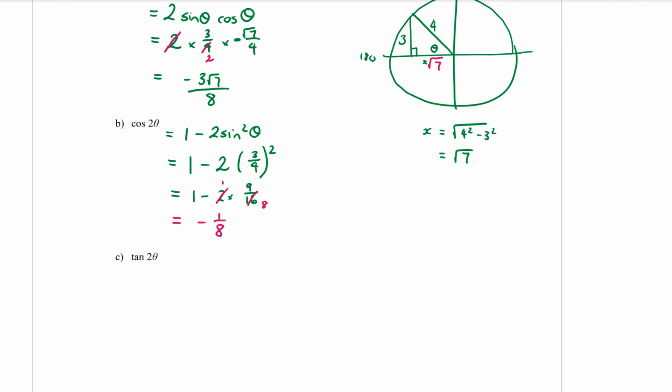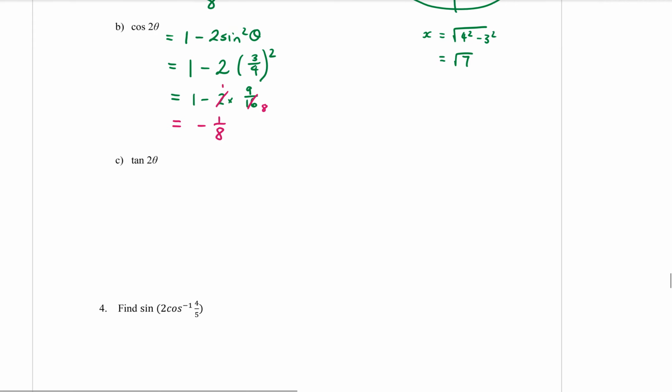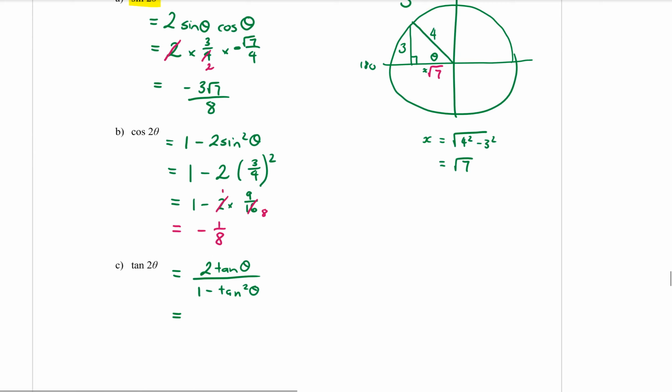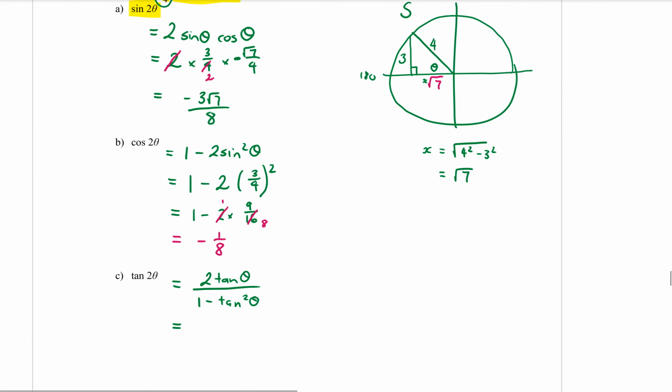And part C. We now want to find tan of 2 theta. Using the tan expansion for the double angle, we have 2 tan theta over 1 minus tan squared theta. Subbing in using my diagram up above here, I need to know what tan theta is. Tan is opposite over adjacent, so it's going to be 3 over root 7.